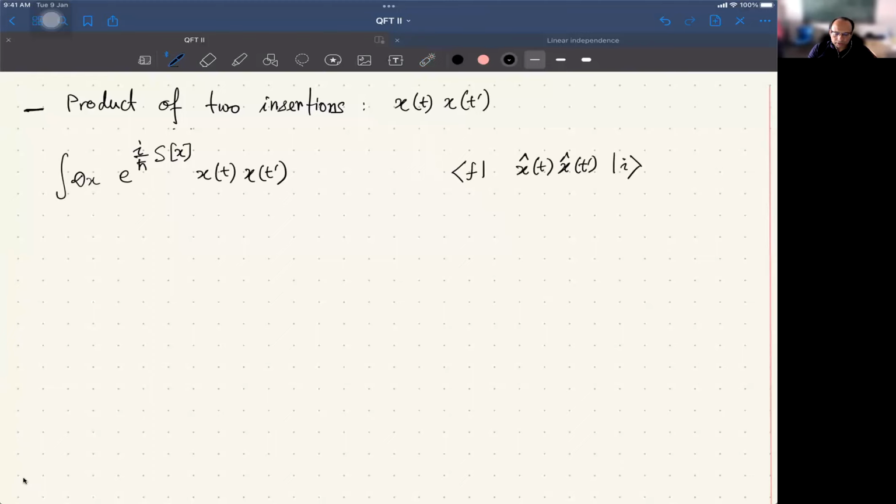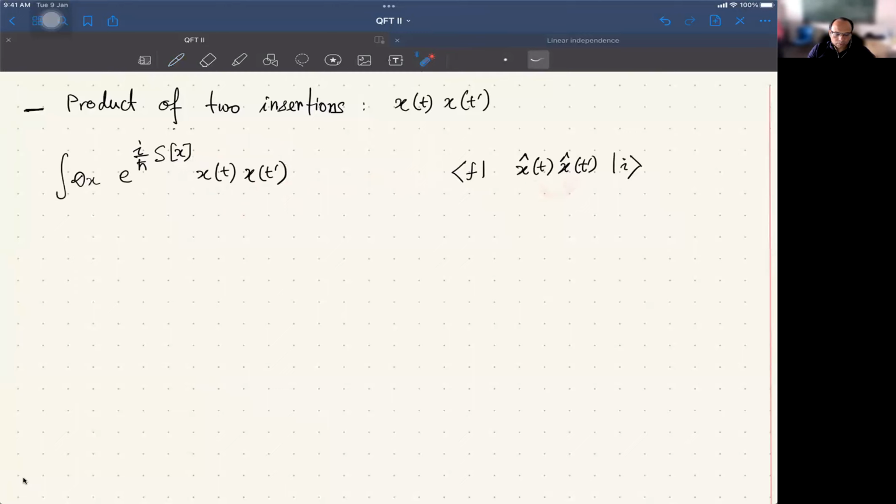However, you encounter a problem right away. If you want to equate these two, there is a problem, because here it doesn't matter whether it is x(t) x(t prime) or x(t prime) x(t). The ordering of these two does not matter, but it does matter here.